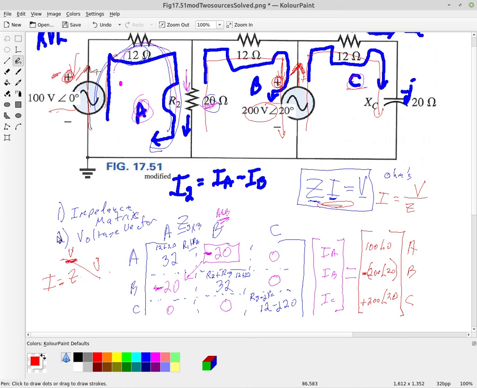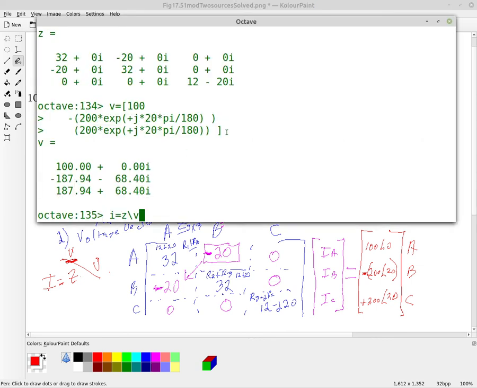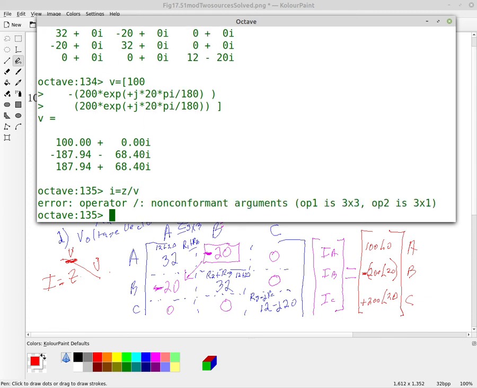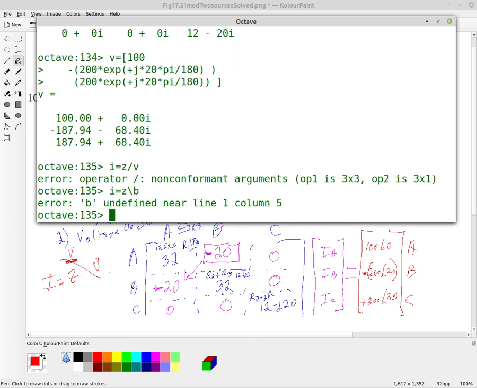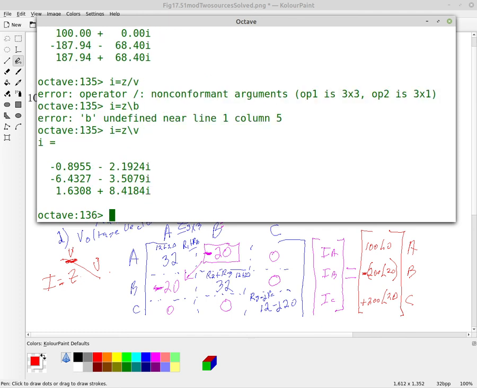So that's what this is doing. It needs to be a backslash, not a forward slash. If you try to put a forward slash here, you're going to get some weird error about non-conformant, and that's because you're not actually doing proper matrix math. It has to be this backslash V.